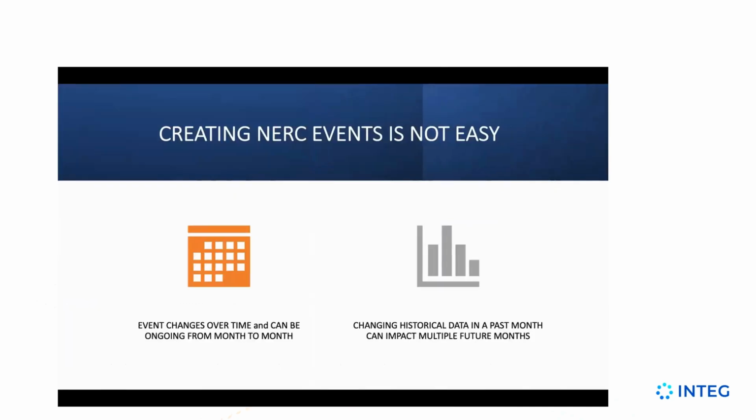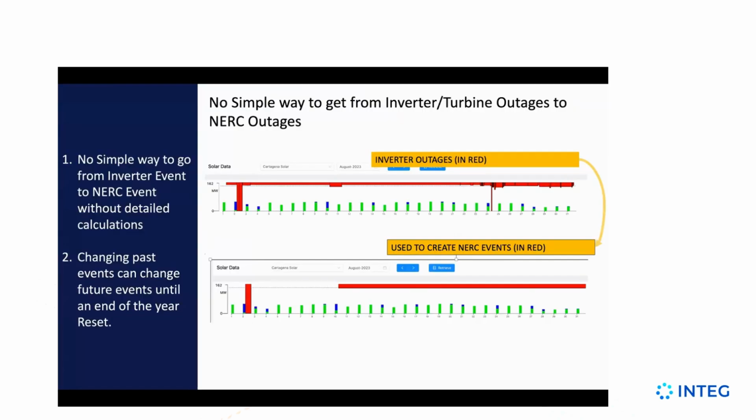That's the number one thing: changing historical data can have huge impacts on future events. That stops at the end of the year, but from January to December, you have to worry. In December, you don't really have to worry if there are changes because it's the last month, but anything prior to December can change future months. So again, I want to keep stressing this more than anything. This is one of the biggest problems that I see.